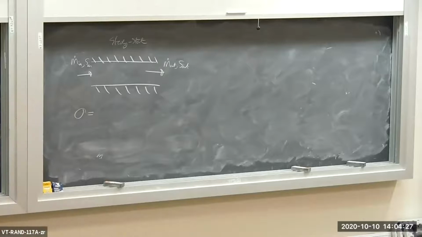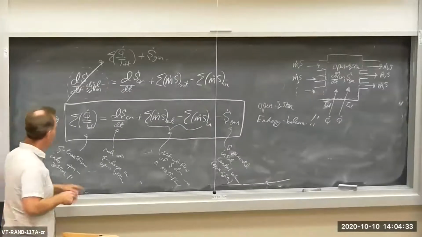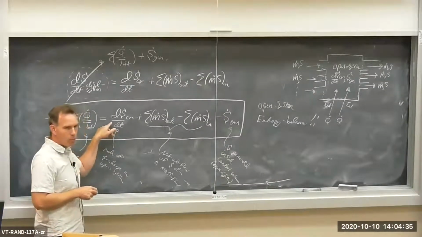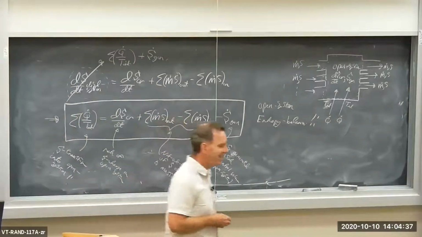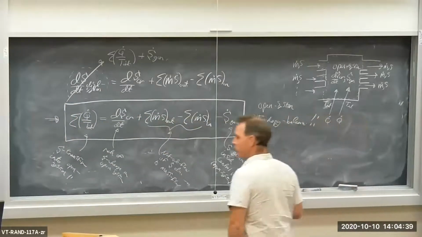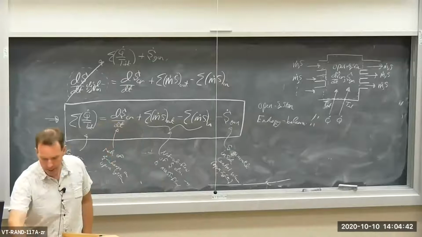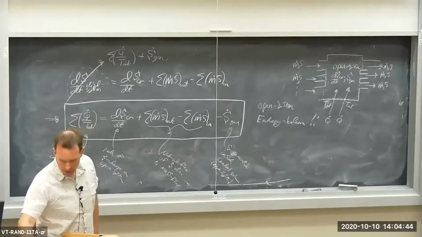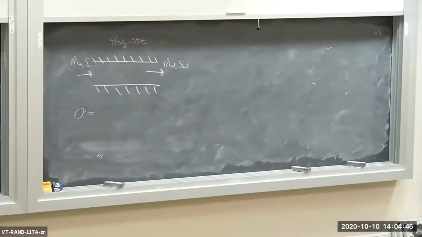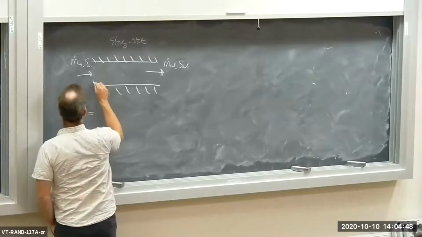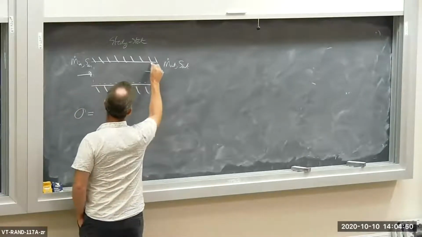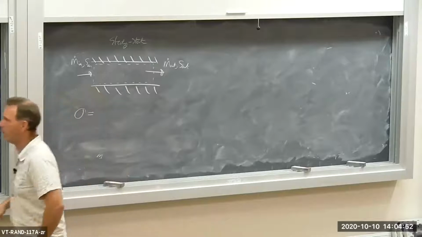Okay, let's move to the next term. Change in entropy with respect to time within the open system. My open system is the channel or pipe. So here's my system, my control volume.